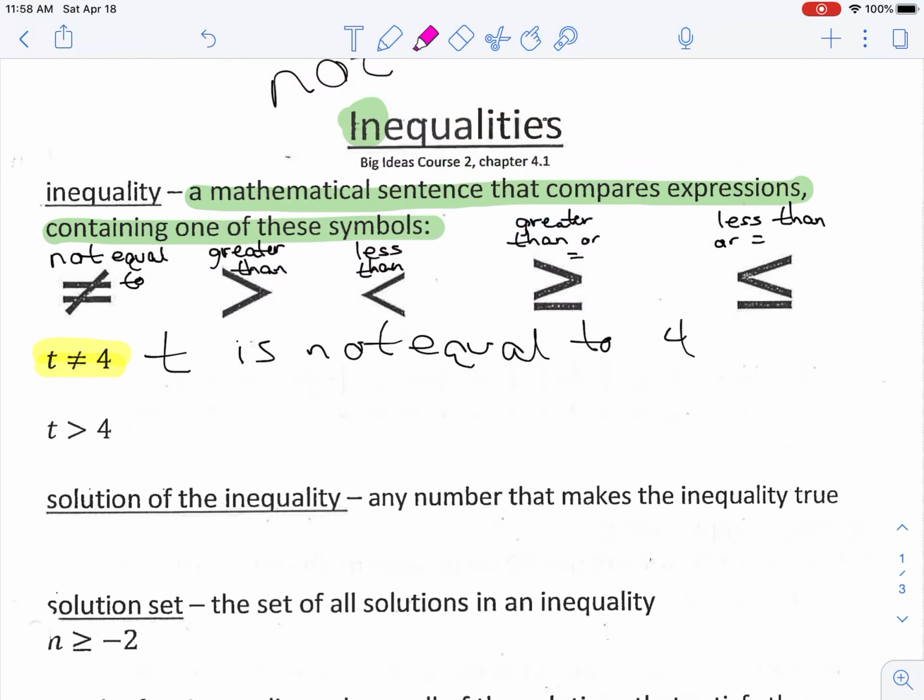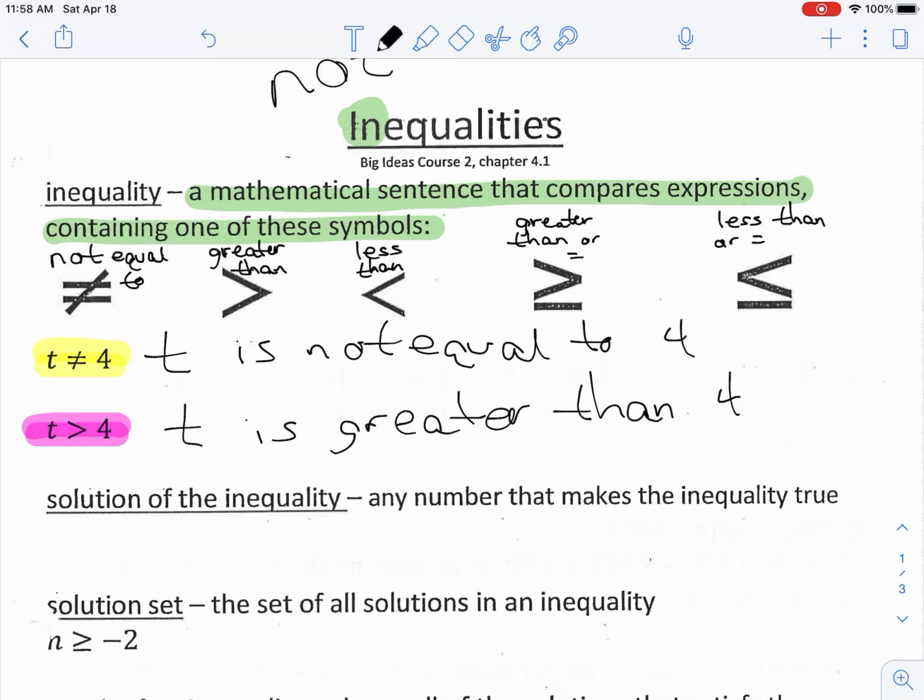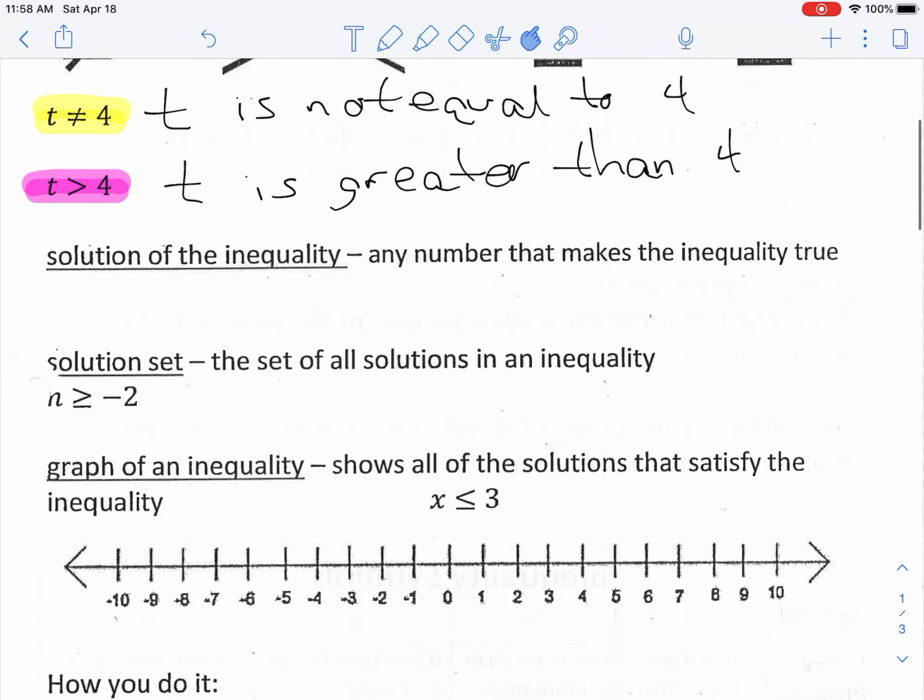If you look at the next inequality, that would be read t is greater than 4. Sorry, I do not have the best stylus. I left my good one at school. Doing the best I can with what I've got at home. All right, so that is simply how they're read. We're going to take a look in a minute at what that means.